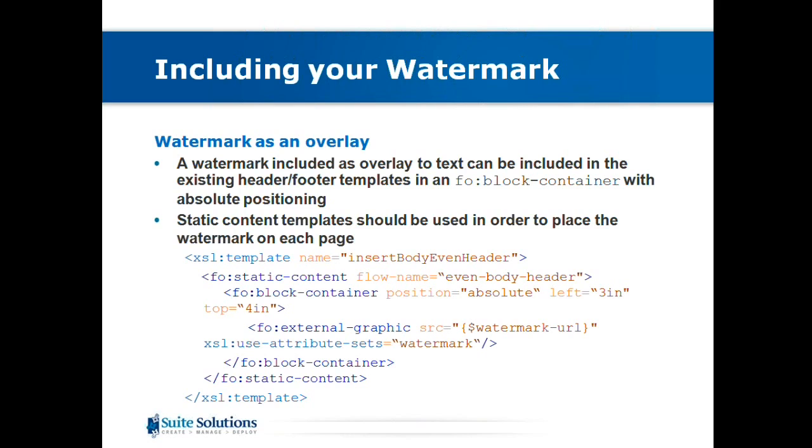If we want to take some text and move it out of order into its own special location, an easy way to do that is by wrapping it in an FO block container and saying this FO block container has absolute positioning. Absolute positioning means it's not relative to where it occurs in the flow of the XSLFO.